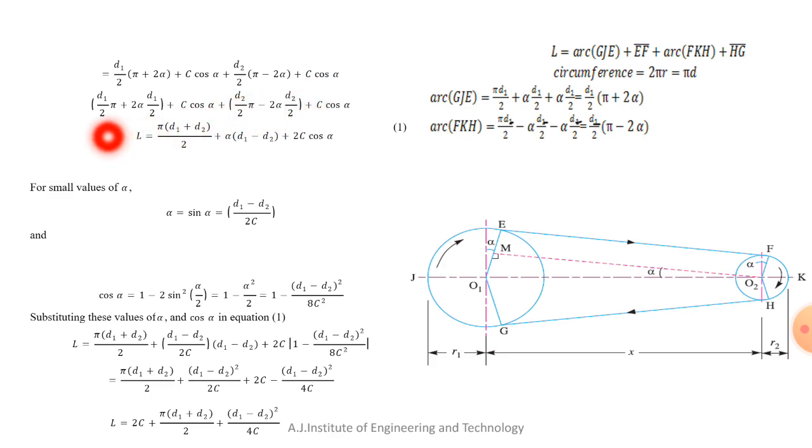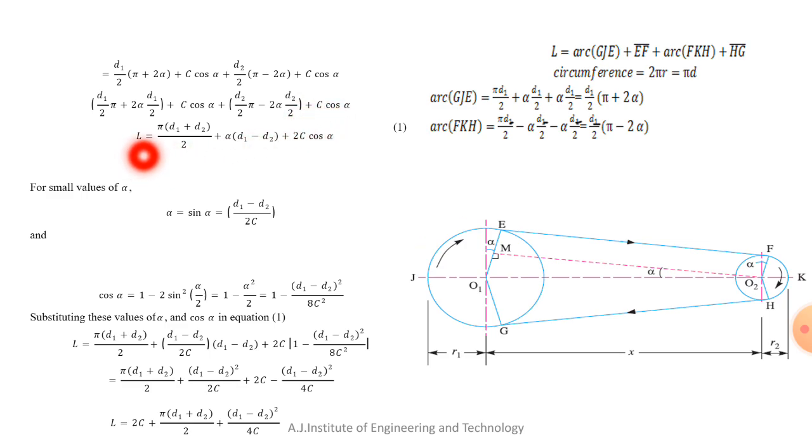Now you can take some common things from these two: d1 divided by 2 into (pi plus 2 alpha) plus C cos alpha, plus again d2 divided by 2 into (pi minus 2 alpha) plus C cos alpha.